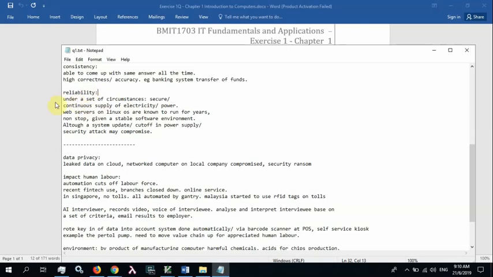Okay, but of course it can be argued you have to have some conditions set. You have to have continuous supply of electricity power, and usually for reliable computer systems, your redundancy should not be done at one place. Your redundancy has to be spread across locations so that it's not compromised. Example, web server A should not be at the same place where web server B resides.